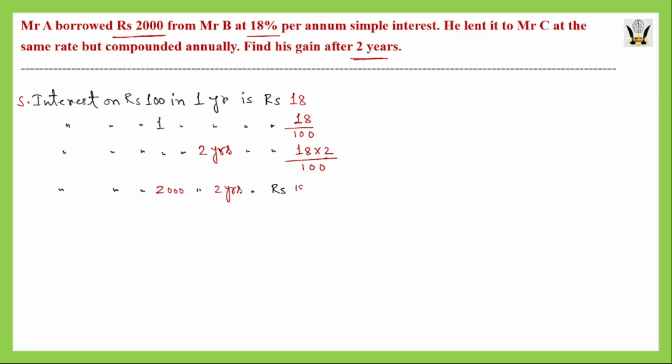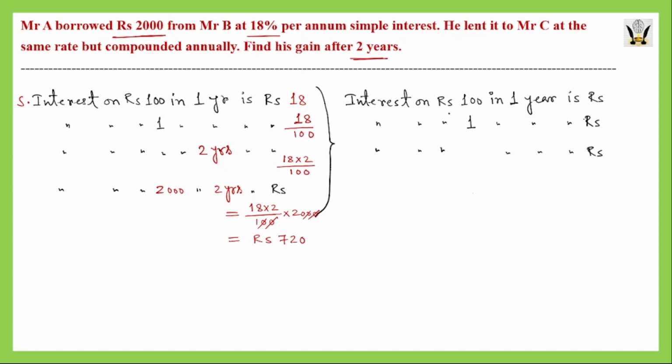So it will be 18 multiplied by 2 divided by 100, and that will be multiplied by 2000. So these zeros will cancel each other, and this amount will be rupees 720. But Mr. C also needs to pay to Mr. A some compound interest after 2 years, and that we will calculate next.